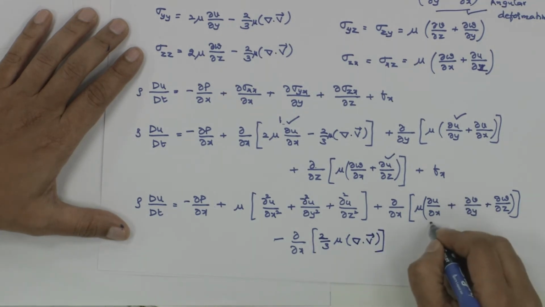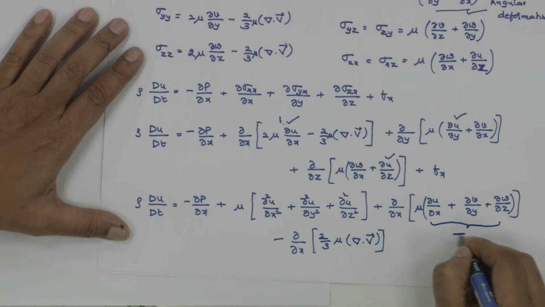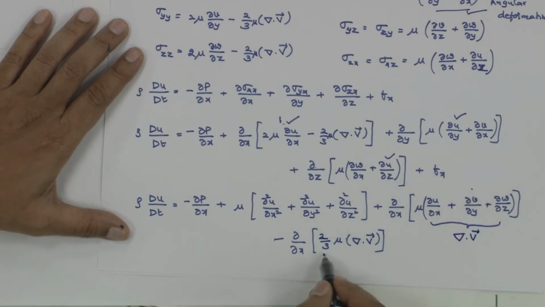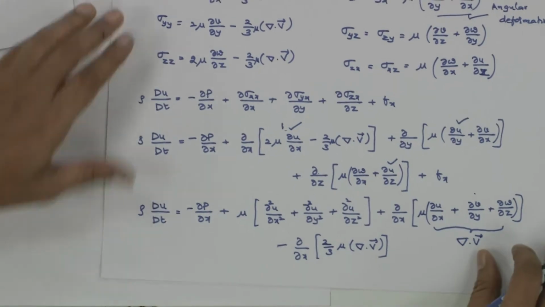So what is this, by the way? This is nothing but my del dot v. So this is 1 minus of 2 by 3, that's going to be 1 by 3 mu del dot v. Let's do that.